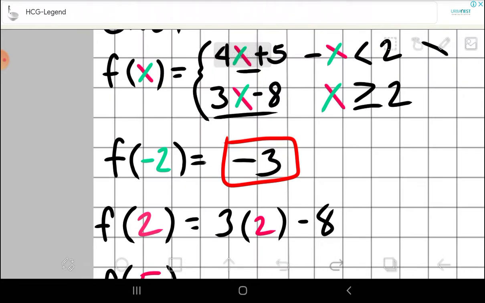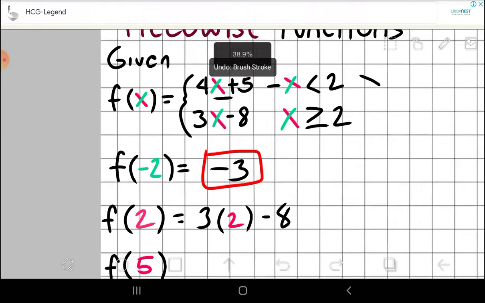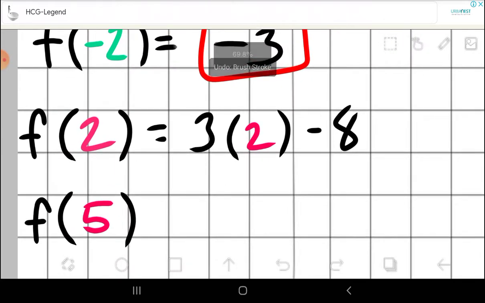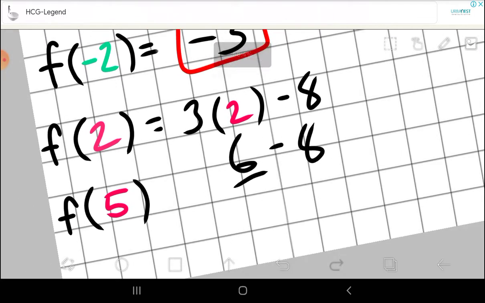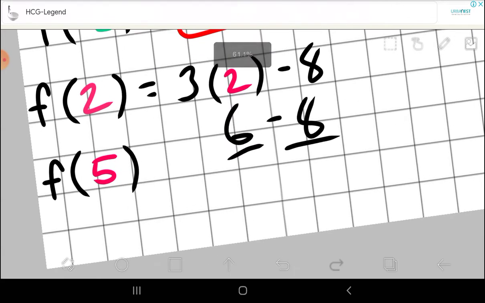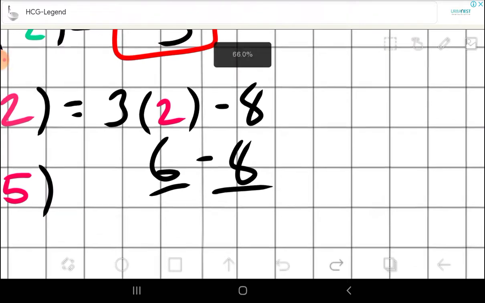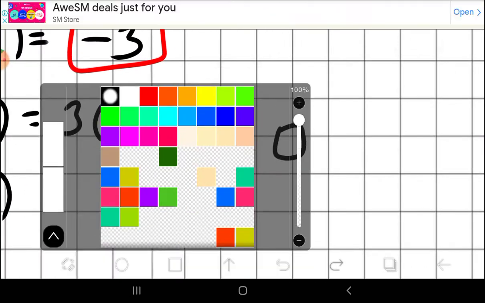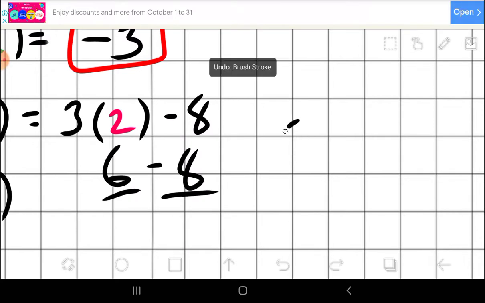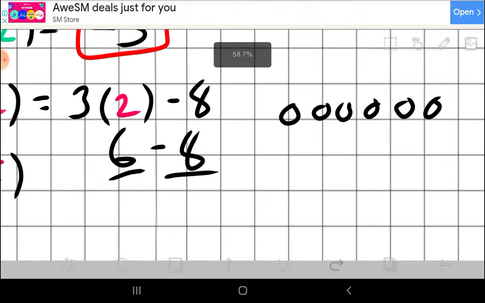Ito yung equation na ginamit natin, kasi ito yung check natin kung tama. 3 times 2 is 6. Bring down 8. Negative 8. Positive 6 combine negative 8. Example, we have 1, 2, 3, 4, 5, 6.